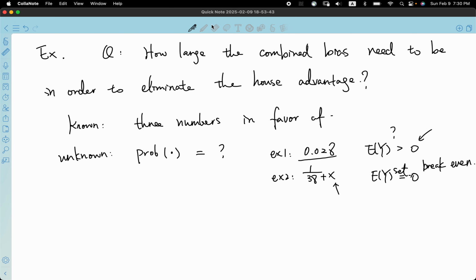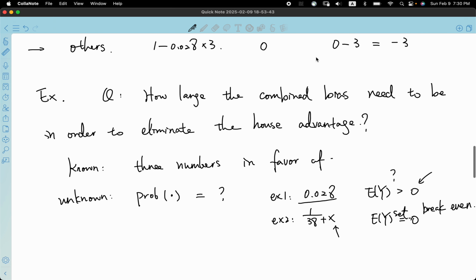Let's clarify some of the notation here. I'm going to use the letter x for the combined bias, and there are three numbers that are in favor of.